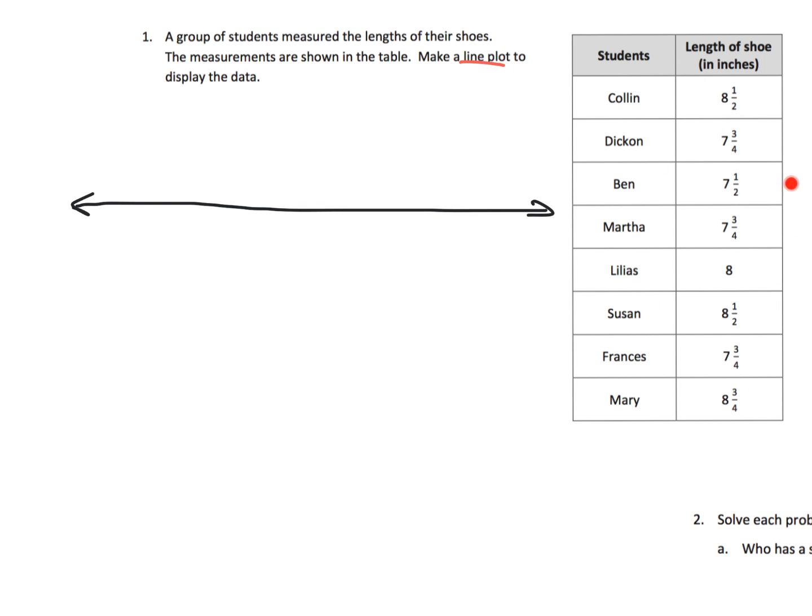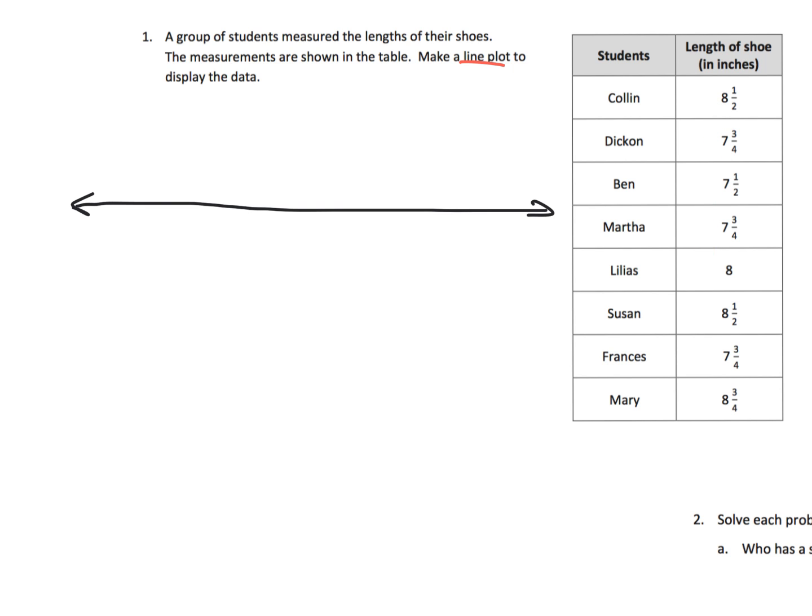Now, the first step is we need to find our range of data. Where does this number line need to start, and where does it need to end? Well, it does not need to start at 0, because the lowest number we have is in the 7s. We don't have any 6s.